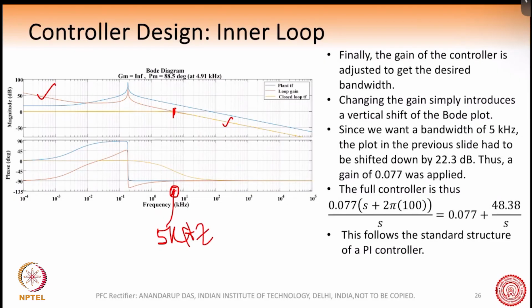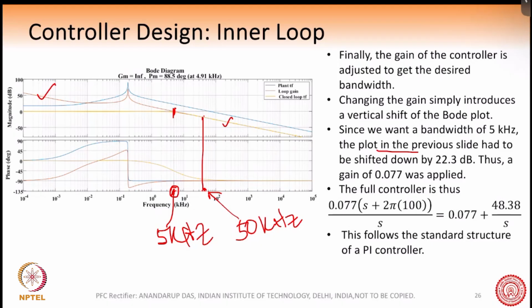We are reducing it because remember our switching frequency is 50 kilohertz. We want adequate gain attenuation for the switching frequency harmonics. So we have kept the bandwidth close to 5 kilohertz, and this we have done by pushing the plot downwards.